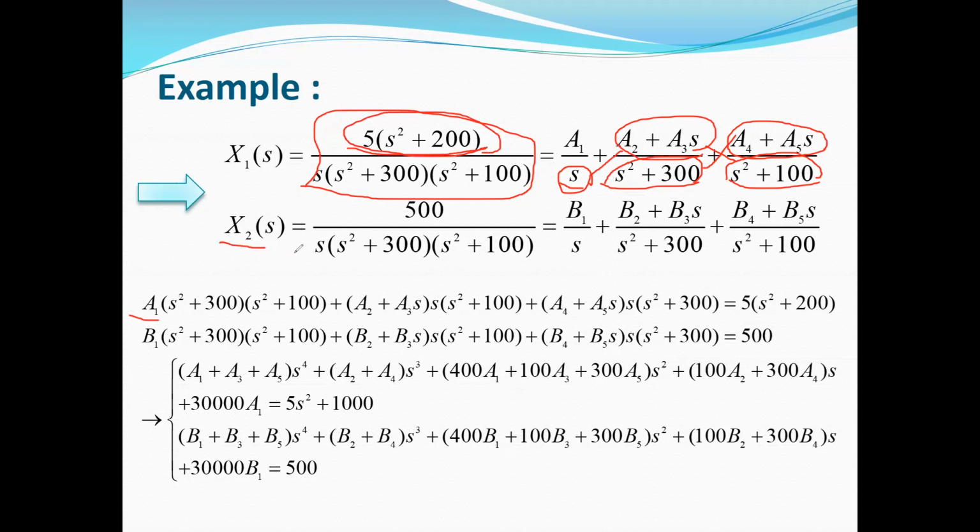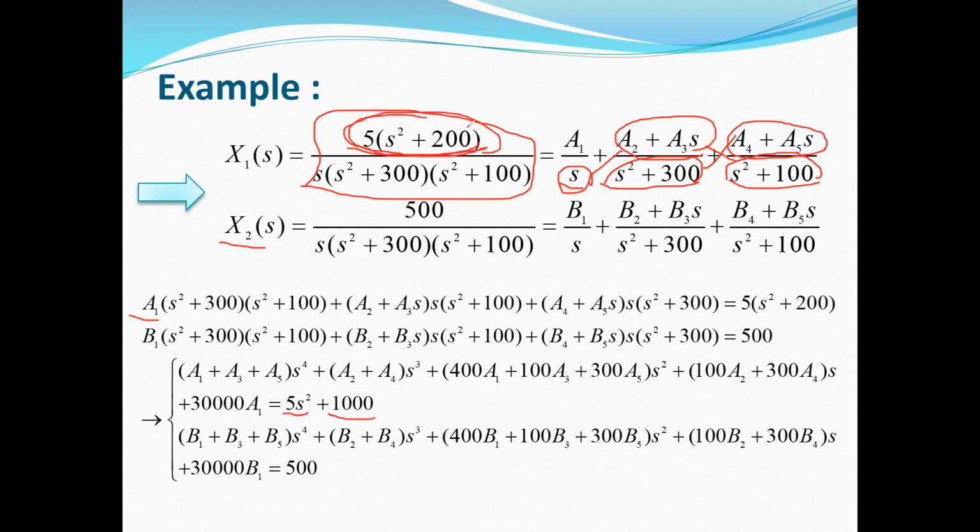And for X2, we have the same procedure, and you can obtain five equations for a1 to a5, and five equations for b1 to b5, for each of the responses in the Laplace domain. Then you can solve these five equations for five unknowns and obtain a1 to a5. Here, from the first equation X1, you can see that on the left hand side we have 5s squared plus 1000.